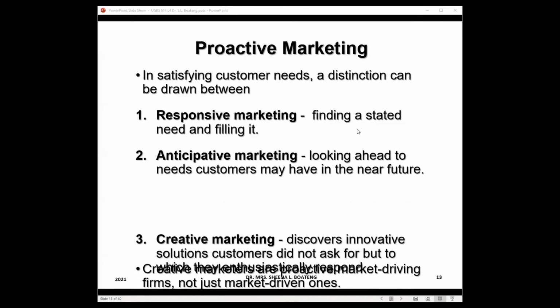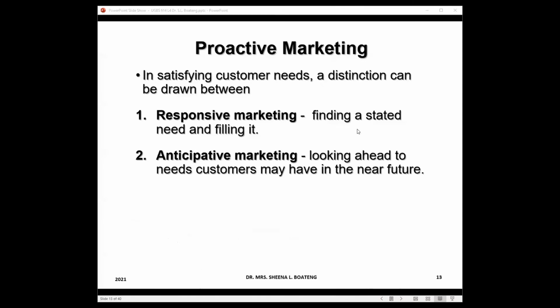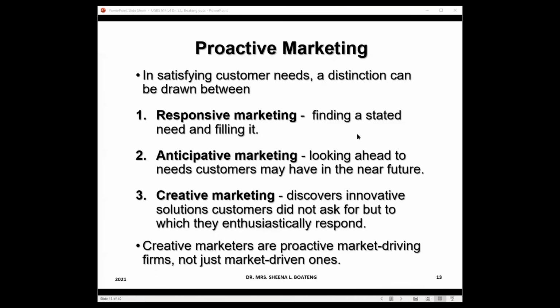And then the third type of proactive marketing being creative marketing, which involves the firm using innovative ways to discover solutions to problems that customers have not necessarily identified that they have, but would be very grateful for if those needs are met.